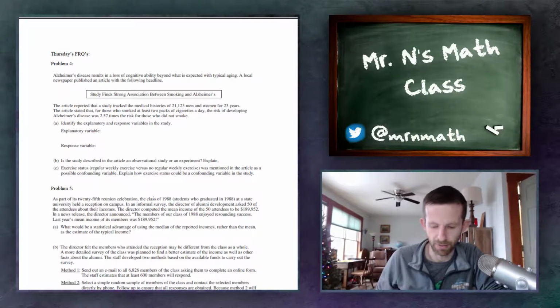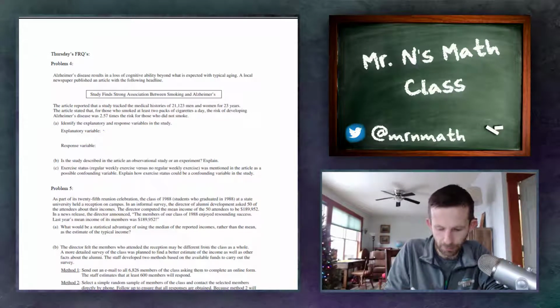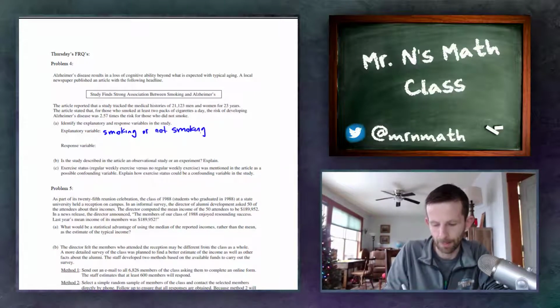So the explanatory variable is smoking or not smoking at least 2 packs per day.